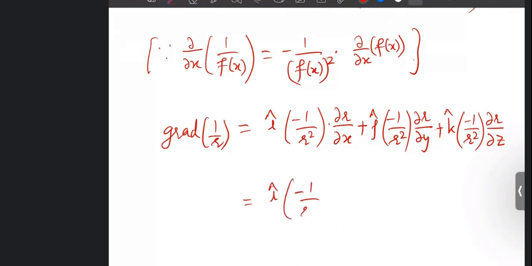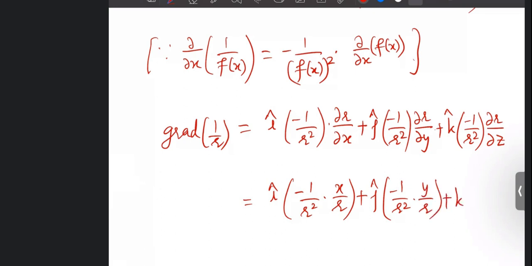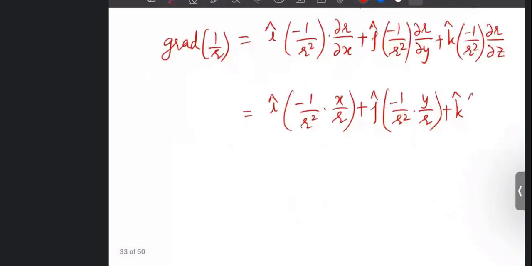i into minus 1 upon r square into x upon r, j into minus 1 upon r square into y upon r, k into minus 1 upon r square into z upon r.